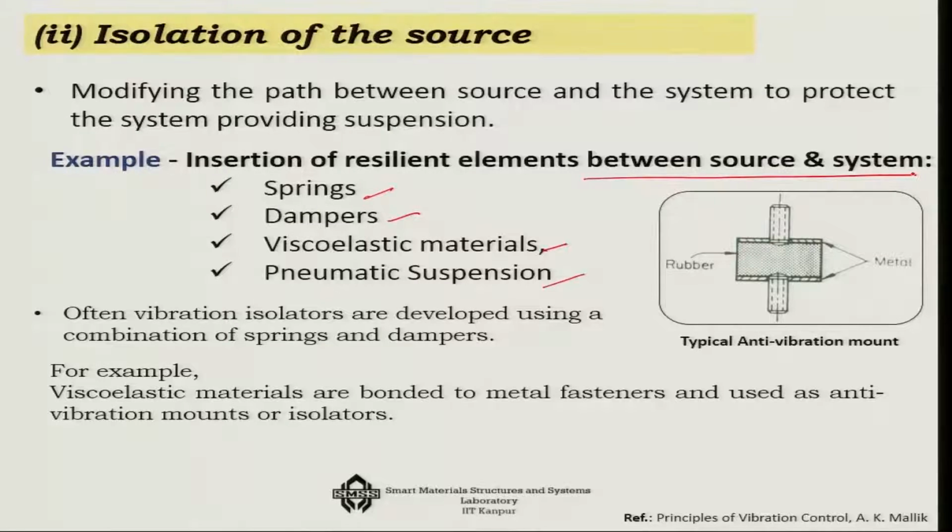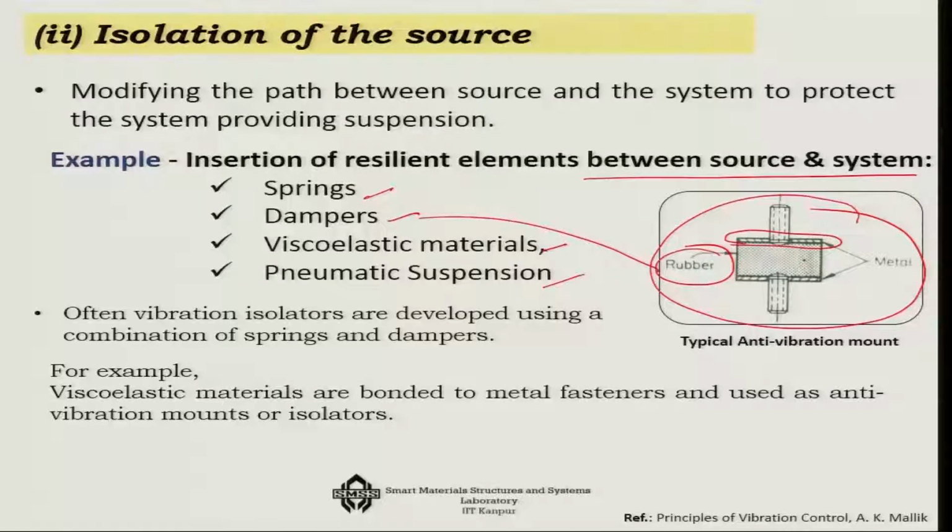And many a times this is a very common anti vibration mount you will find, in which you have rubber. So, this works like a damper, and you also have the metallic inserts here, and this is serving two purposes. One is that it forces the rubber, it enhances the energy dissipation in the rubber, and the other is that it also works like a good spring candidate.